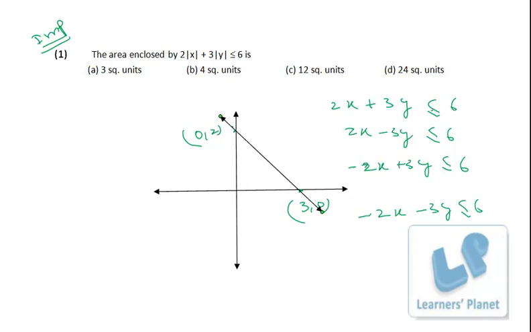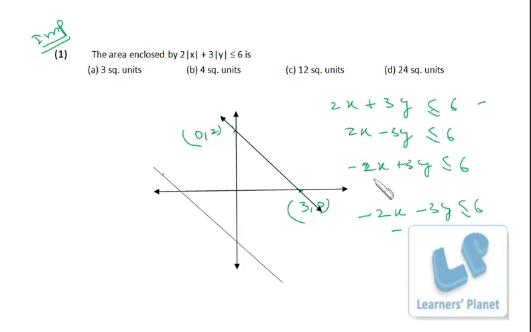Now this is 2x plus 3y equal to 6, and this is 2x plus 3y equal to minus 6. So this line and this line will be parallel to each other, in this same manner. So the coordinates will be (3, 0), then this will be (-3, 0), this is (0, 2), then this will be (0, -2).